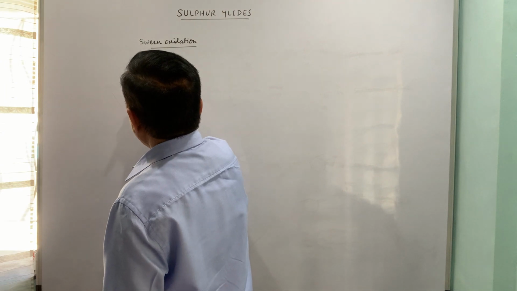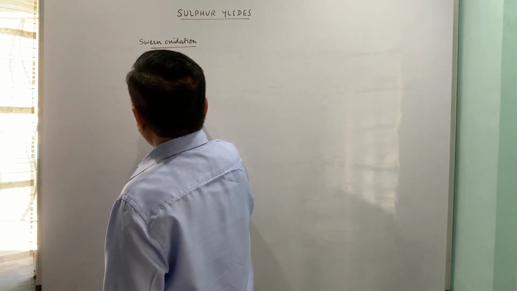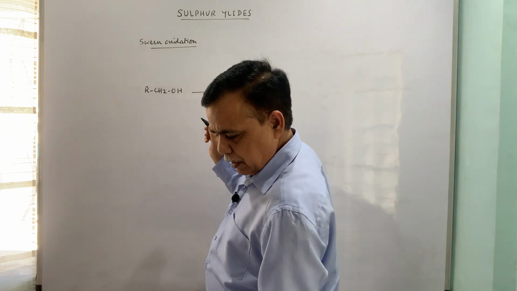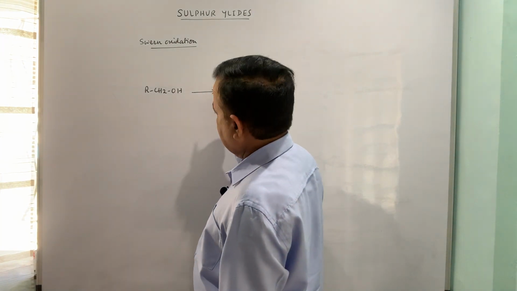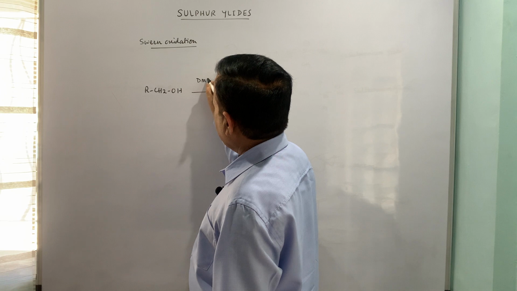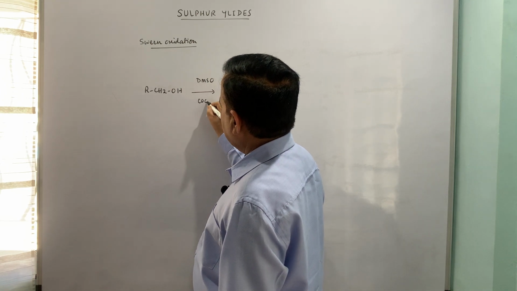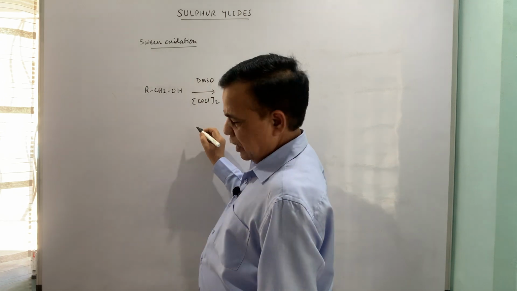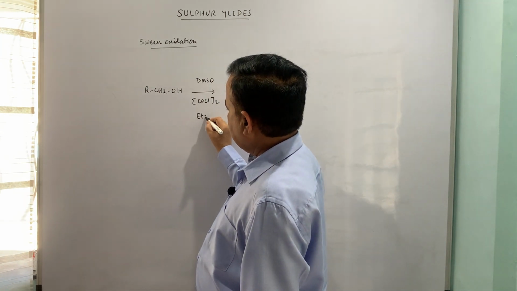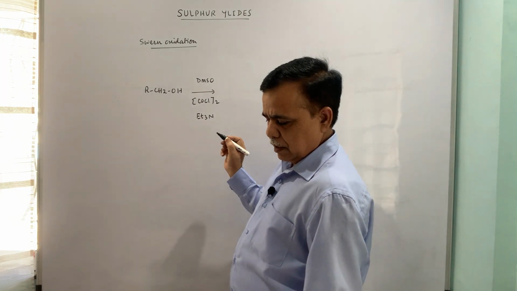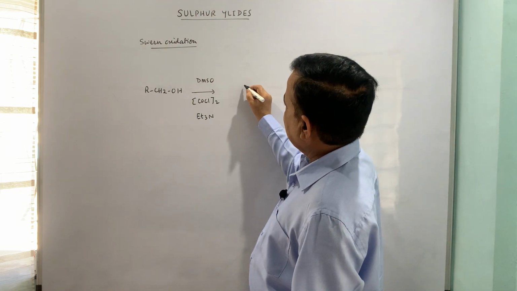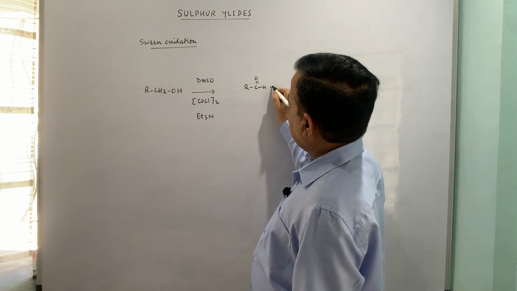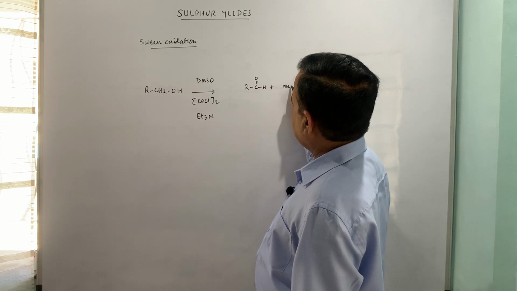And now I am going to put some primary alcohol RCH2OH, the generalized form of it, and the reagents are DMSO, oxalyl chloride (COCl)2, triethylamine the base, and the product is RCHO, and of course DMSO gets reduced to dimethyl sulfide.